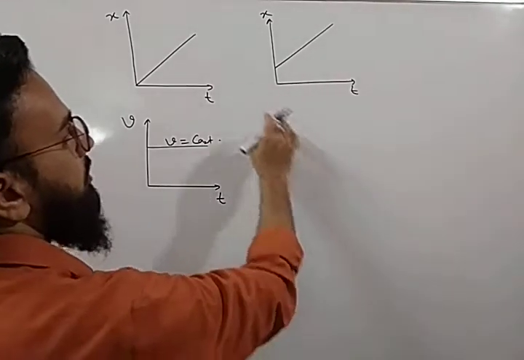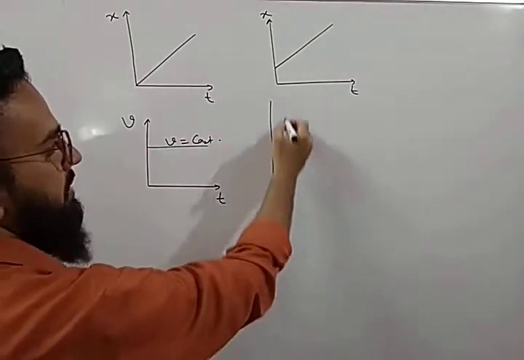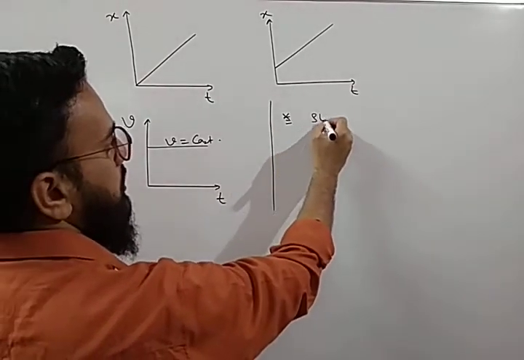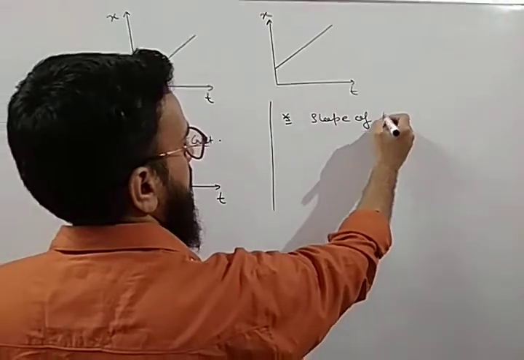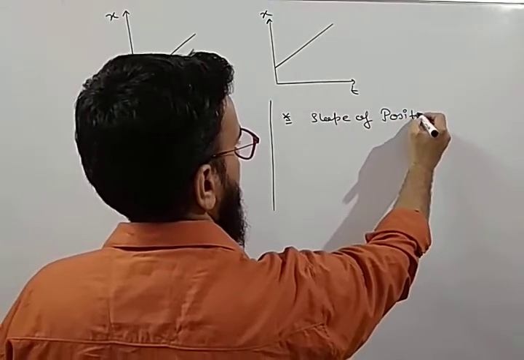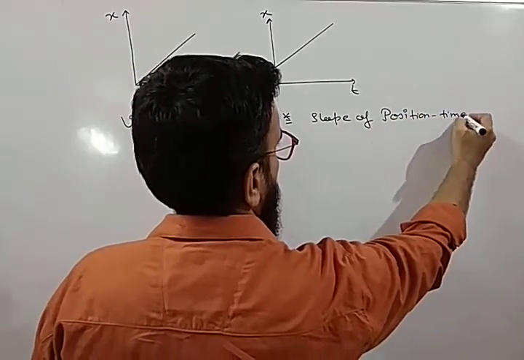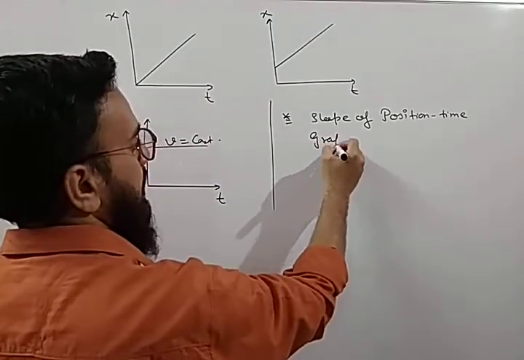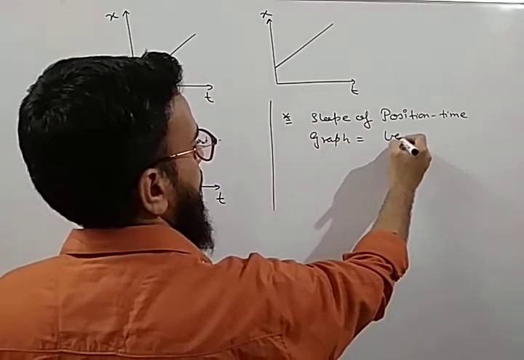I also told you two points. The first point was the slope of the position-time graph, it gives us velocity.